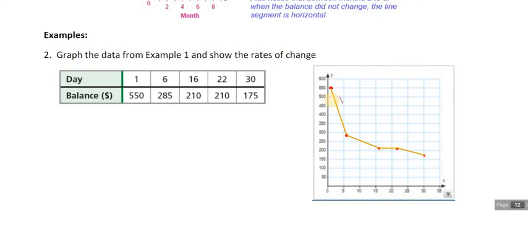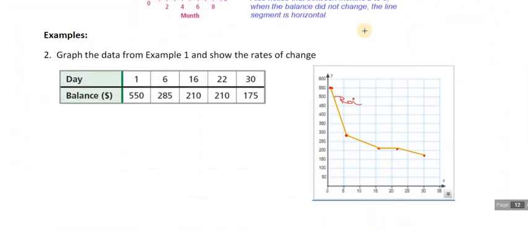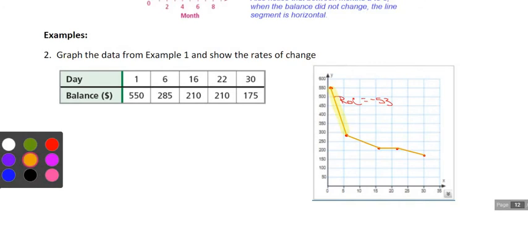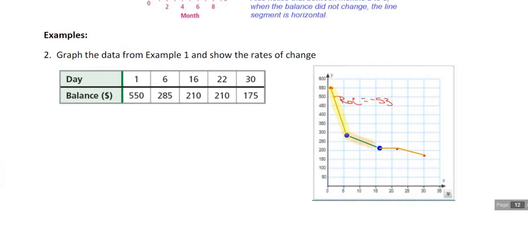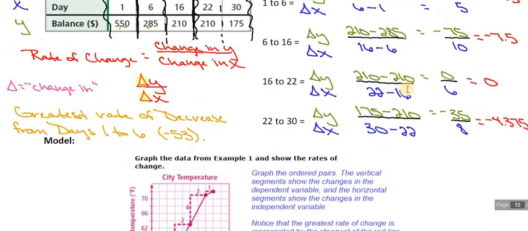So the rate of change for our first interval was negative 53. The rate of change for our second interval, I believe, was negative 7, negative 7.5.